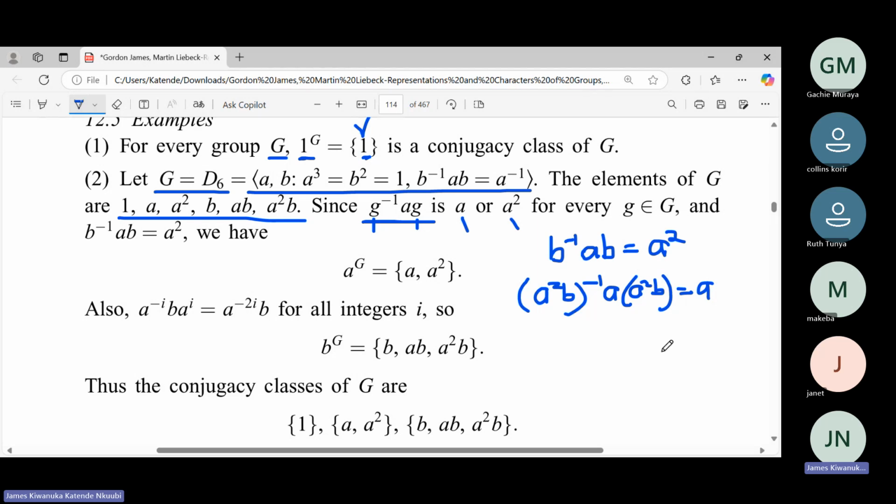I think this should give us A. You can double check. Anyway, if you run through all the elements and try to get all elements conjugate, you won't get anything like A squared. So the conjugacy class of A turns out to be A and A squared.